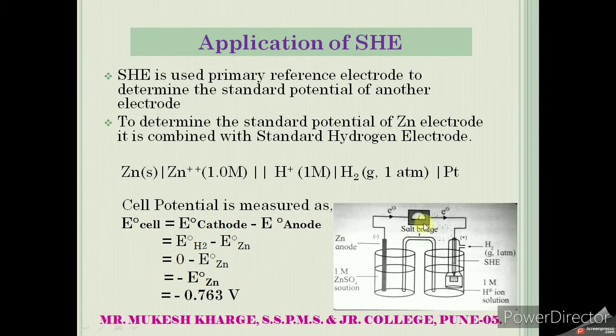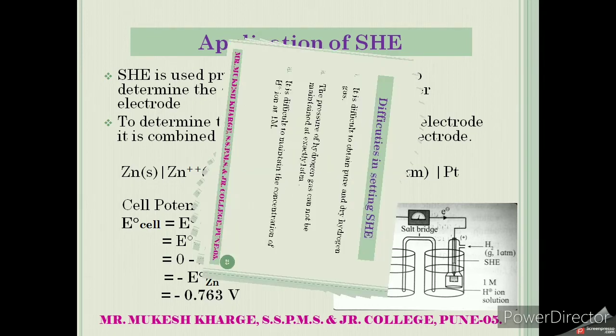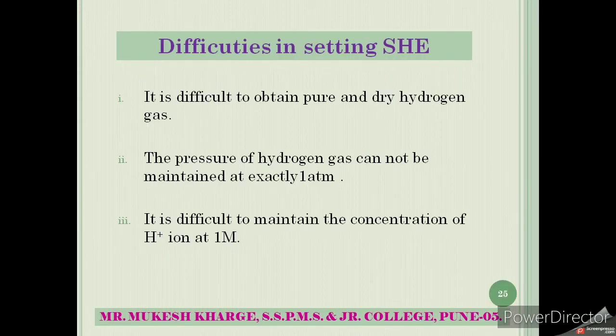So if we measure the EMF of this cell, it is found to be minus 0.763 volt, which is the EMF of zinc electrode, or it is a standard reduction potential of zinc electrode. So in this way we can use SHE to determine the potential of unknown cell potential.